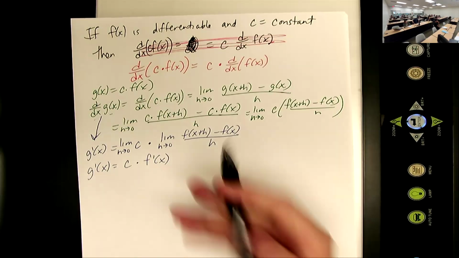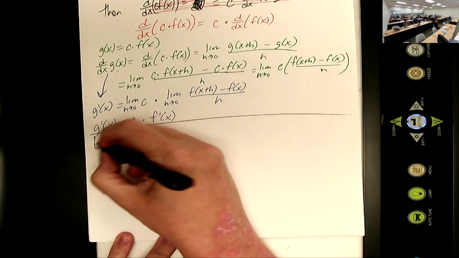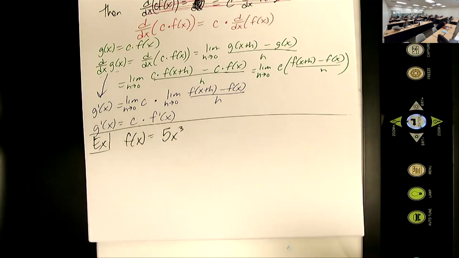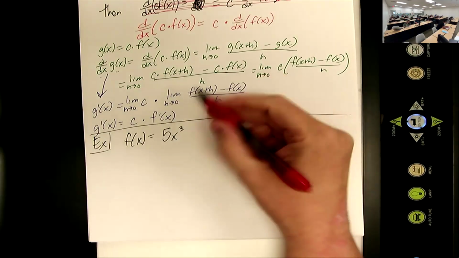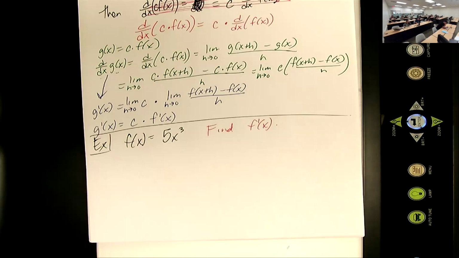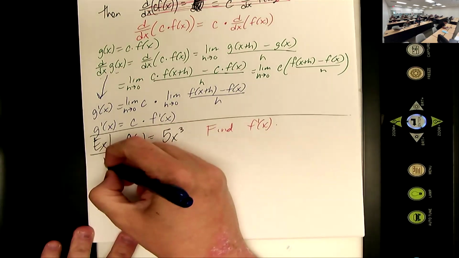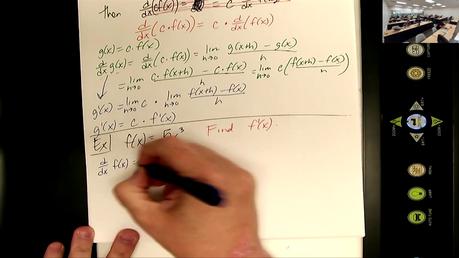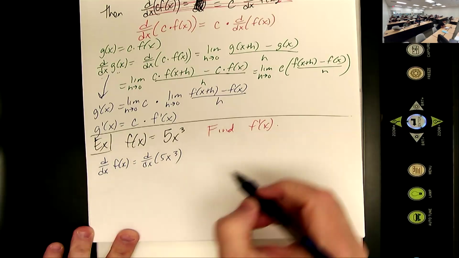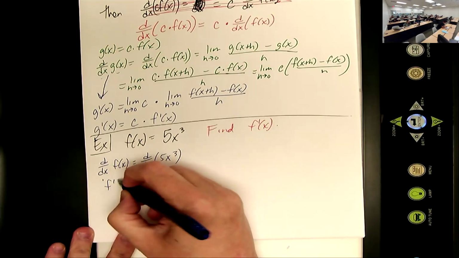Alright, so let's apply this. Let's say we got an example. f of x equals, let's go with 5x cubed. And we're gonna find f prime of x. The slow way of doing this is writing this out like this, and then using that last rule we did, pulling the 5 out.